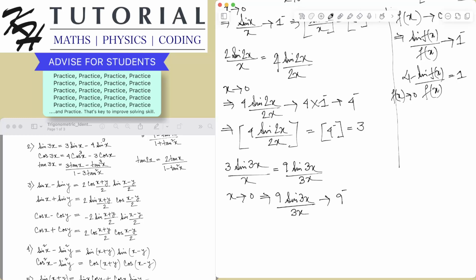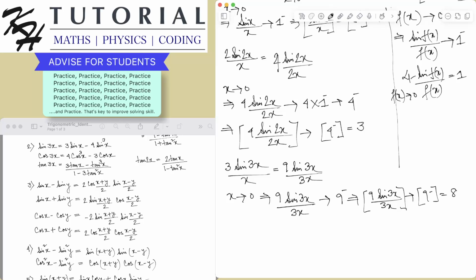Okay, so this is tending to 9 minus. So this implies that floor of 9 sin 3x by 3x will be equal to floor of 9 minus, which is 8.